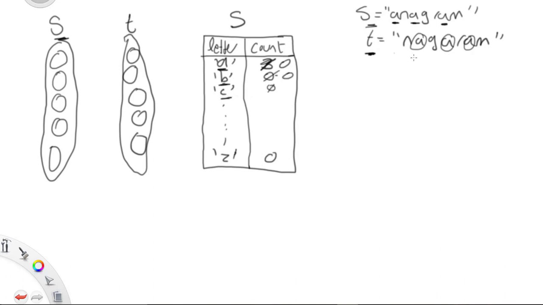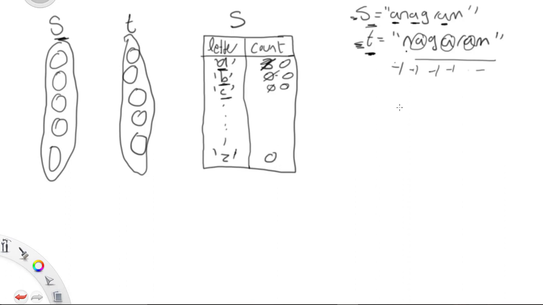Then C, there are no C's here, and I do the same process for all the letters. Let's say I found an N, so subtract 1 from N. Found A, so minus 1 from A. G, minus 1 from G. A, minus 1 from A. By the time I'm done with all the letters, if T is indeed an anagram of S, then this hash table should return to 0.